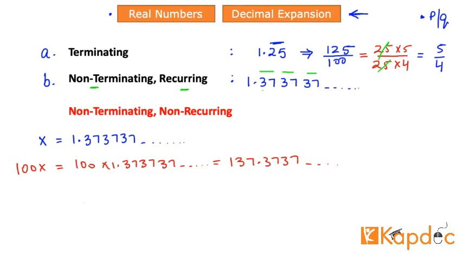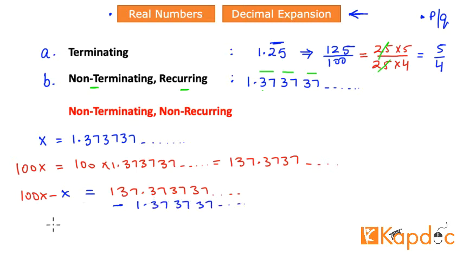Now let me subtract the number x from 100x. When you do that, what you obtain is 100x minus x is equal to 137.373737 and so on, less 1.373737 and so on.